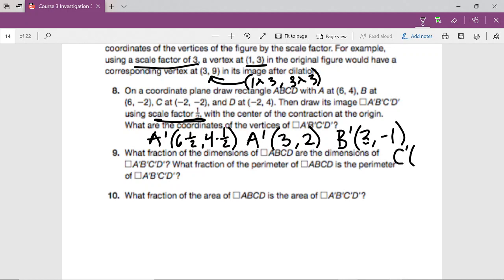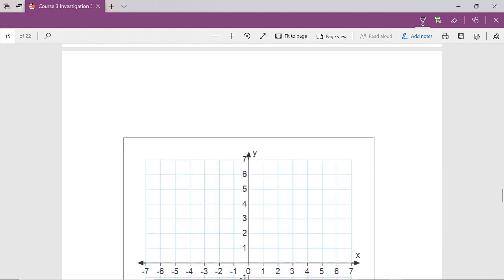C prime is going to be at -1, -1, half of both of those, and D prime is going to be at -1, 2. So that when we actually plot each of these, you will see that it's very similar looking, just a little bit smaller. So let's go ahead and graph those.